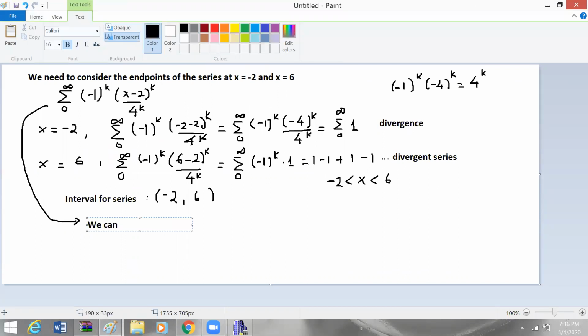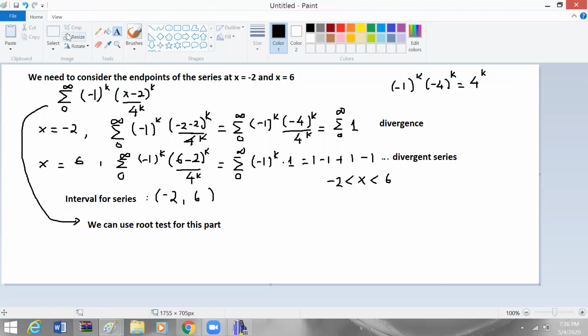We can use the root test for this part, because why not? So let me just tell you that part. We can literally rewrite the series with respect to negative 1 to the k, and I can also convert that to the entire thing.